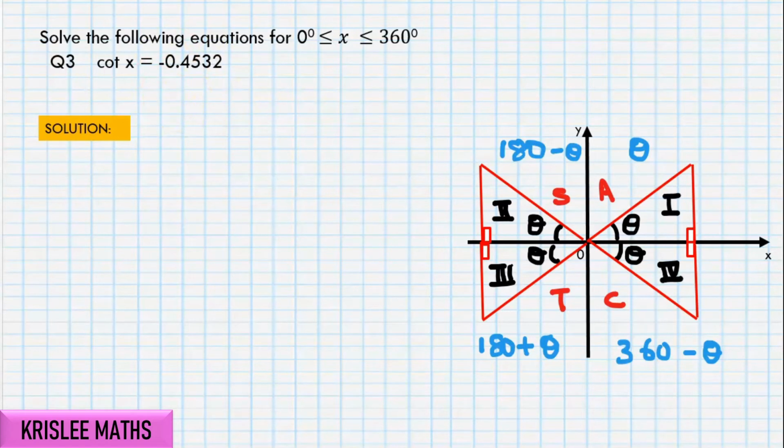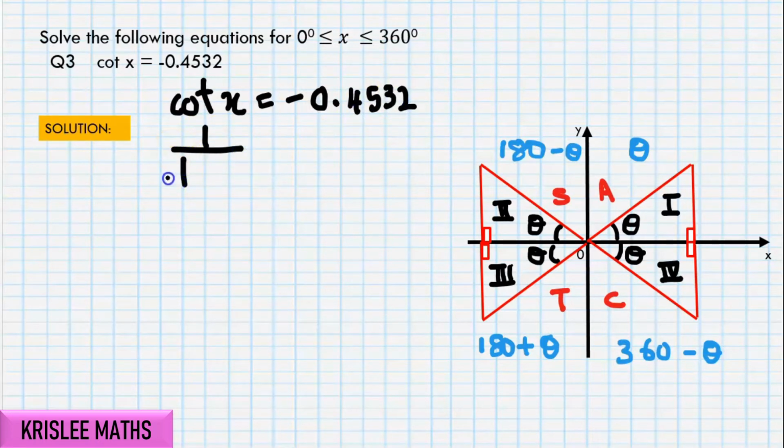Question 3, you are given cotangent x equals negative 0.4532. Okay, so remember cotangent is the reciprocal of tangent. So cotangent x can be written as 1 over tangent x equals the given value.